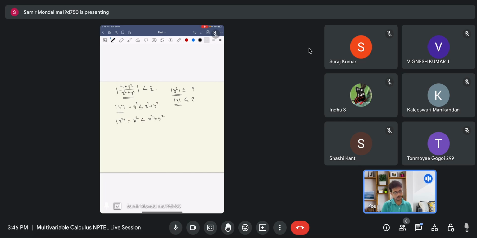Okay, now come here. Suppose this is one equation, so from here we can write that 4 x y square plus y square is less than or equal to 4 times modulus of x, which is less than or equal to 4 into... Please tell me, till now is it fine or not?